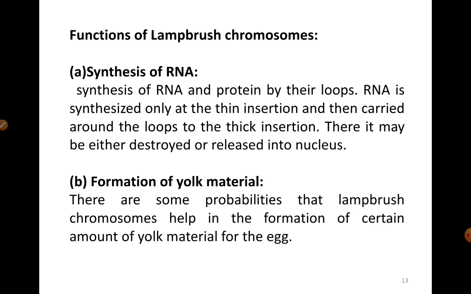So these two are the main functions. They play an important role in synthesis of RNA and formation of yolk material. So this is about the occurrence, size, structure and function of lampbrush chromosomes.